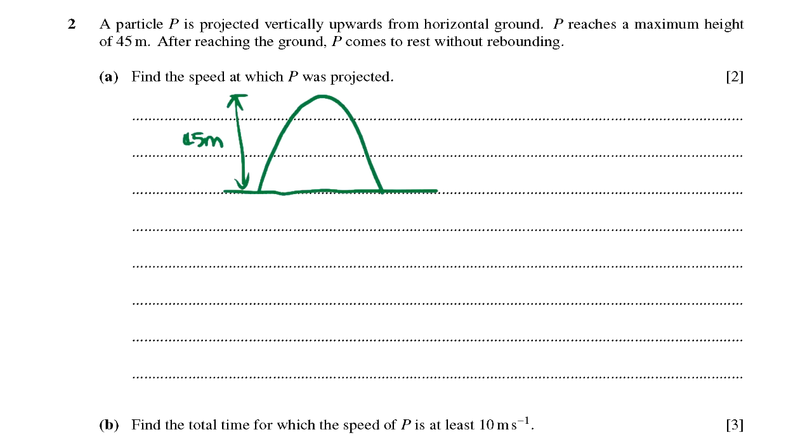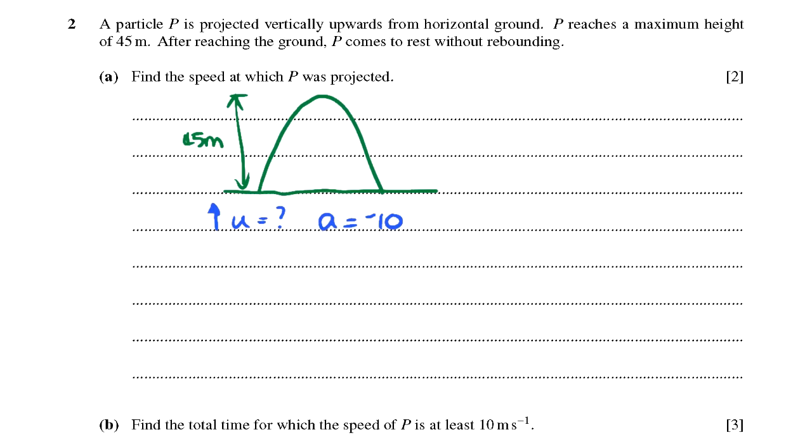What are we trying to find, and what do we know? We're trying to find the initial speed, which is a velocity, and it's going upwards. Let's call that u, because if we're using constant acceleration, u is the initial velocity. The acceleration is going to be -10, and the reason it's -10 is because I made the initial velocity positive.